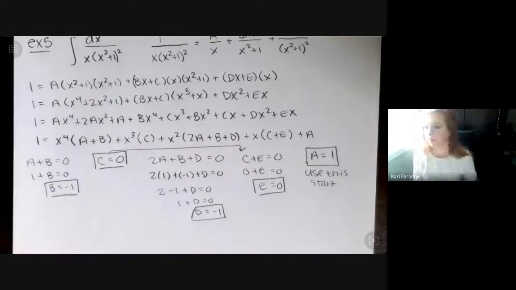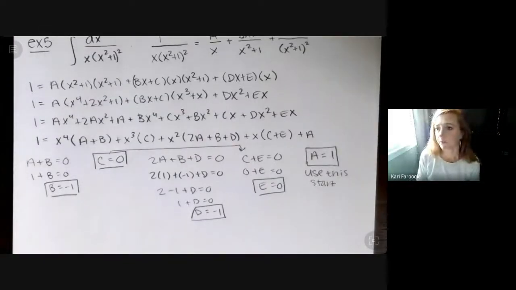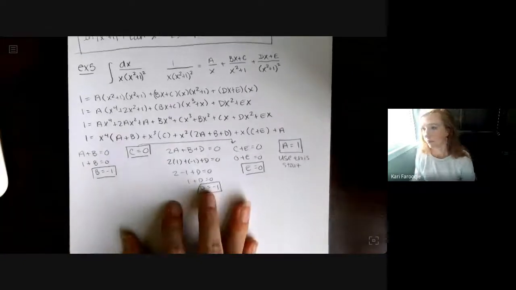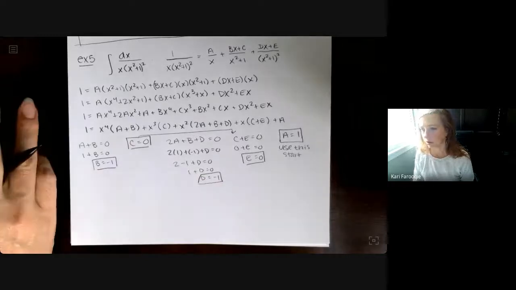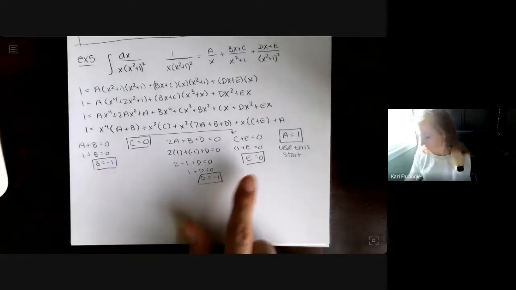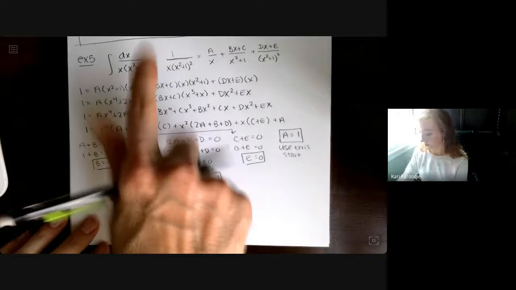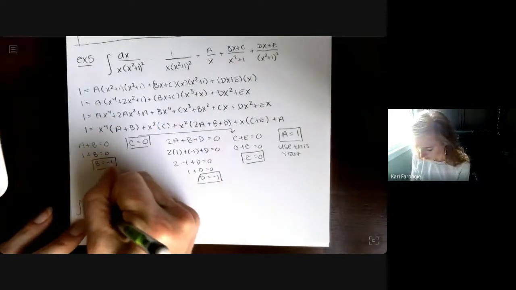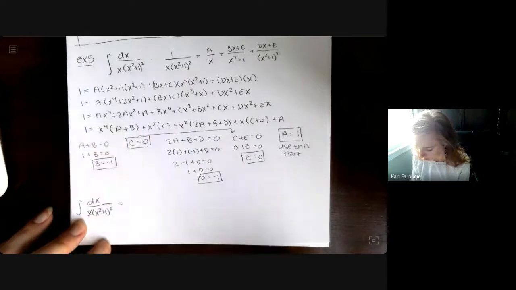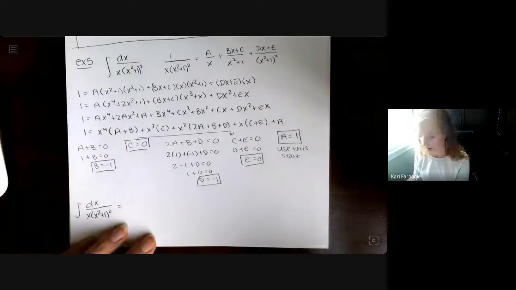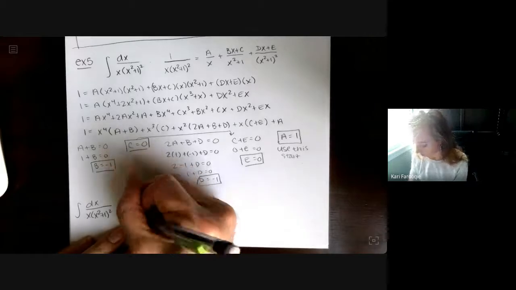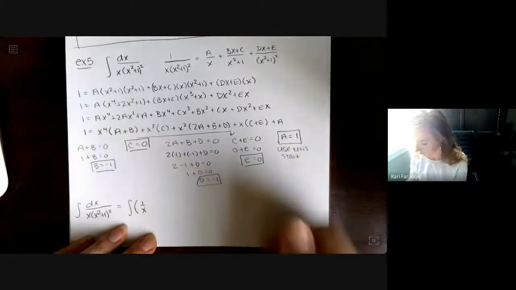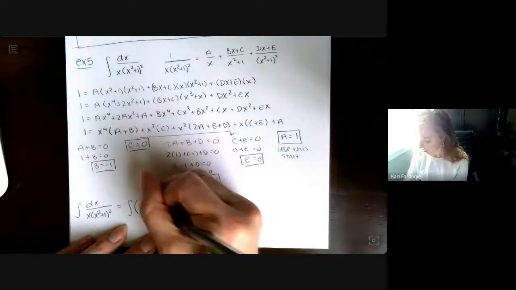Okay, so let me zoom out a little bit. I want to rewrite our integral using our new coefficients. So we're going to take our integral dx over x times x squared plus 1 quantity squared, and we're going to write it as the integral of a over x, so 1 over x, plus bx plus c.